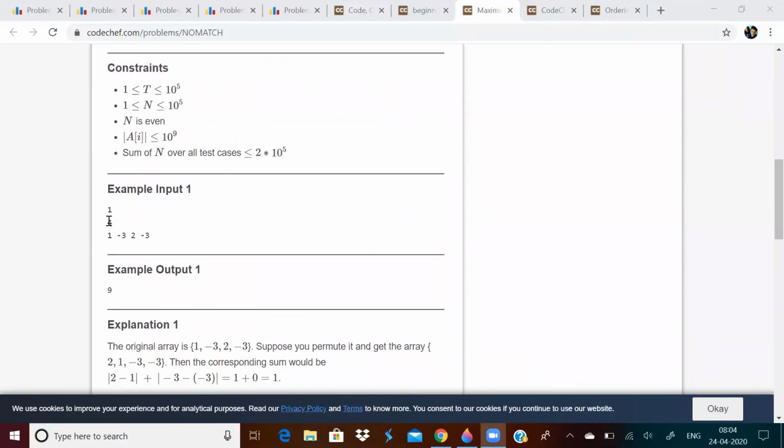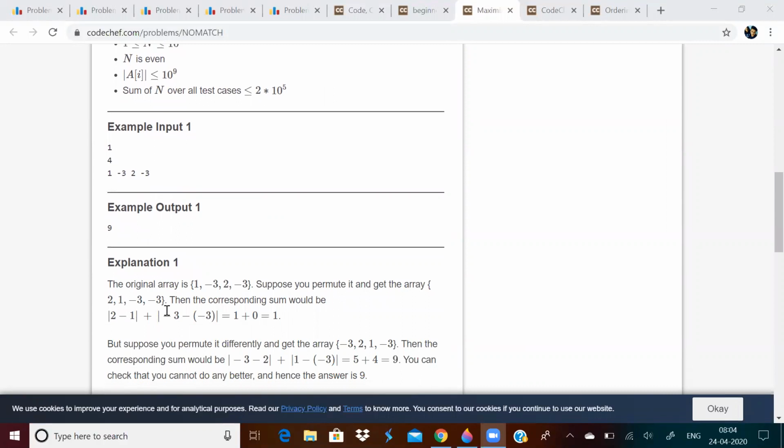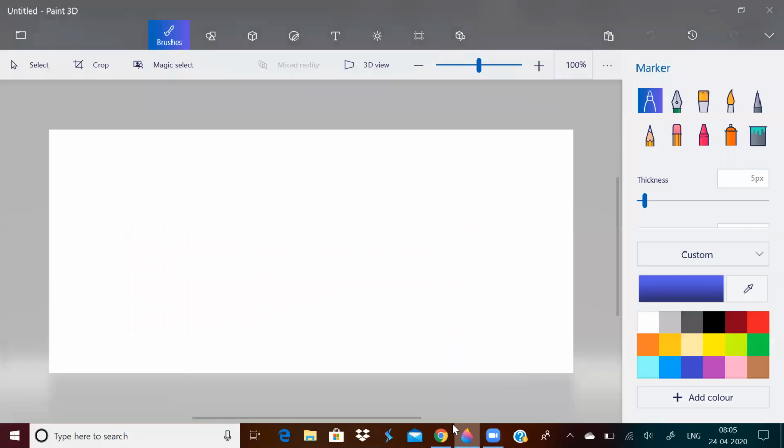So if you read the test case example, they have explained to us one kind of arrangement wherein we arrange the array elements in this way, we get a maximum sum of 9. So what is the logic behind this question?